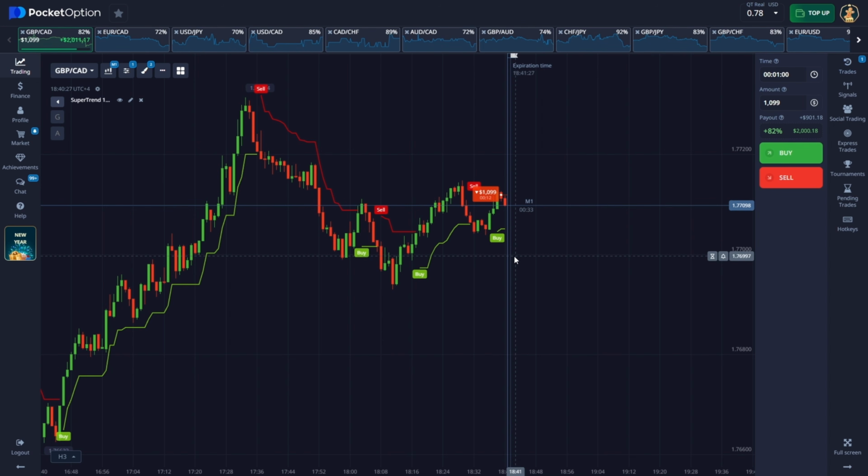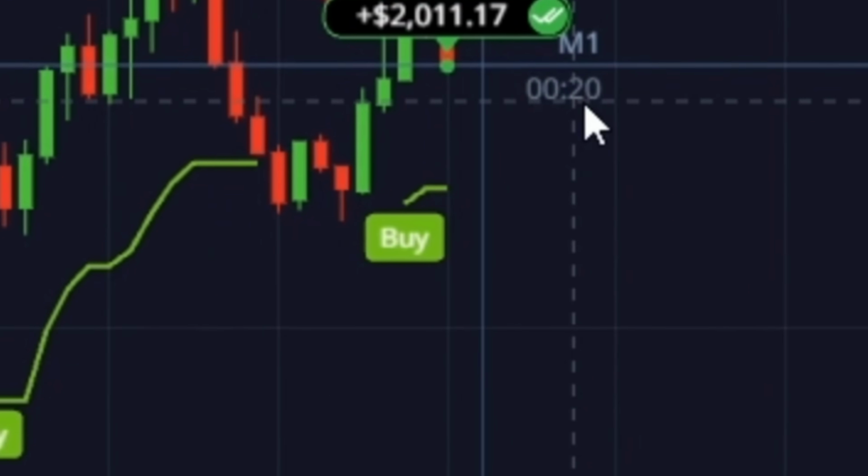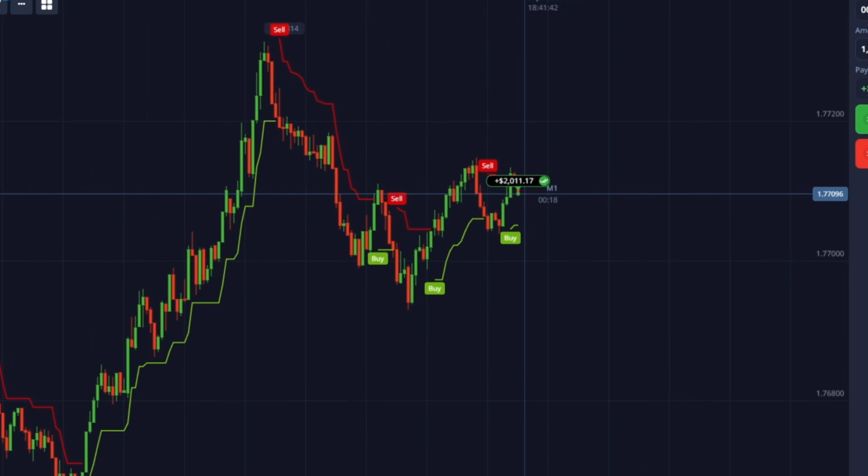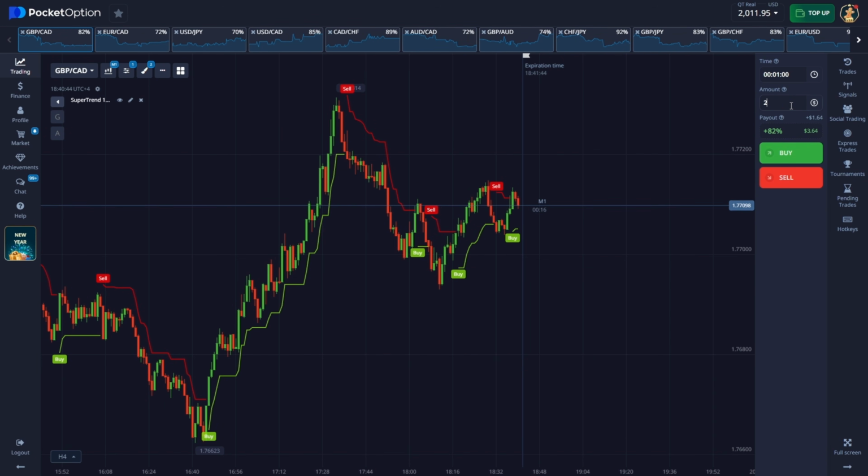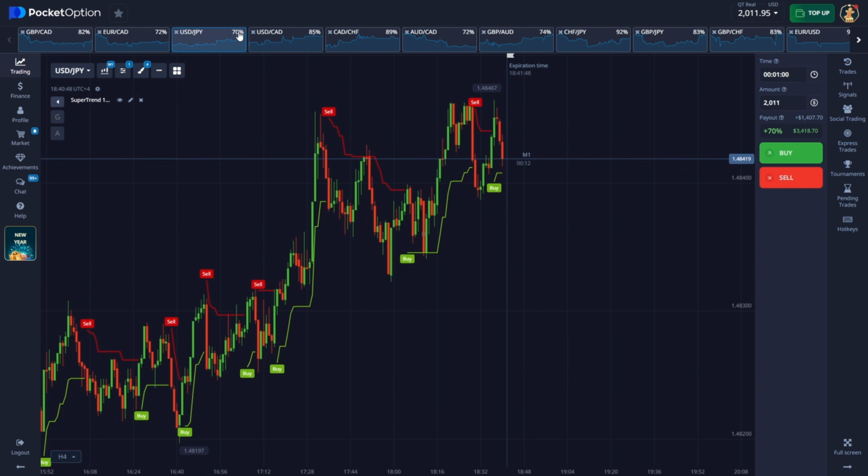That trade is currently going in our favor and the candle also closed as a red candle. With only a few seconds left, I won another trade. Now my balance is $2,011. Let's find a trade for $2,011.